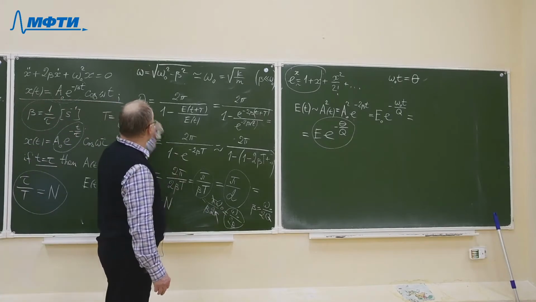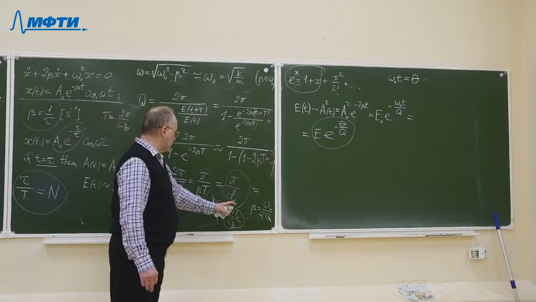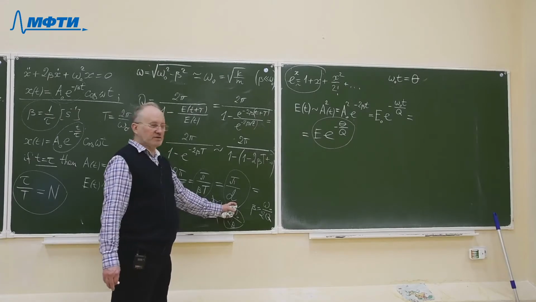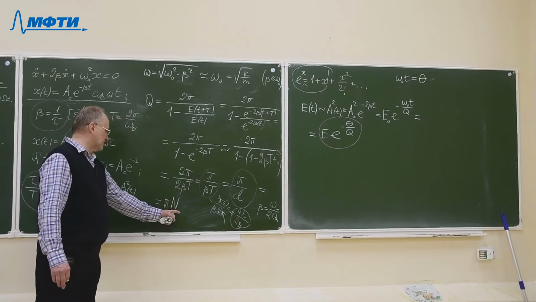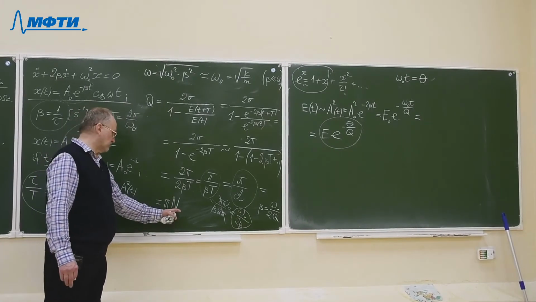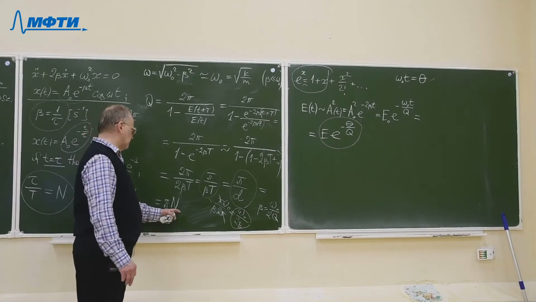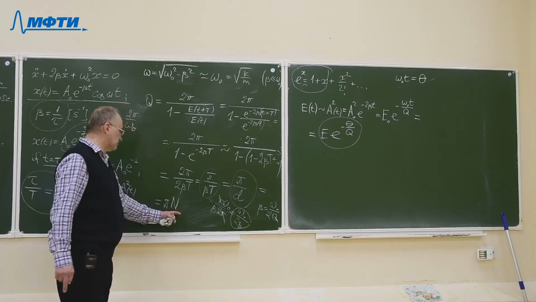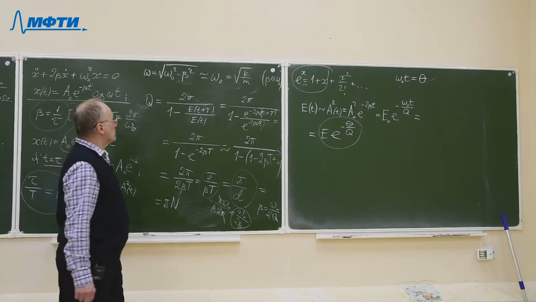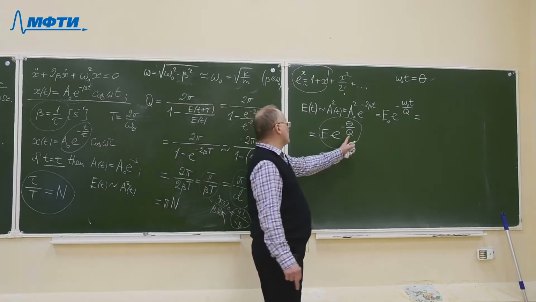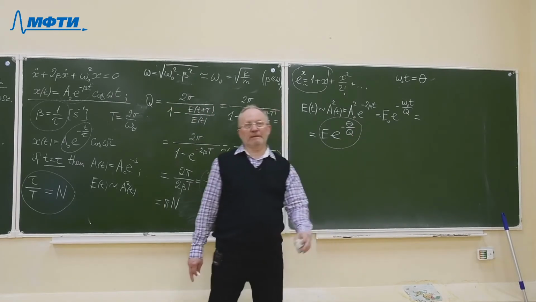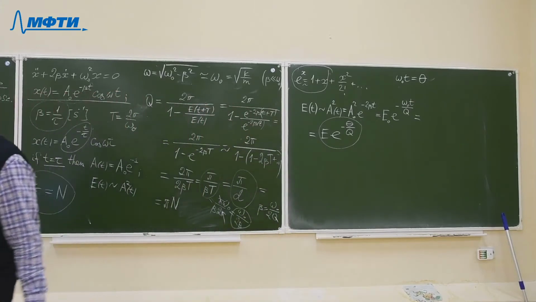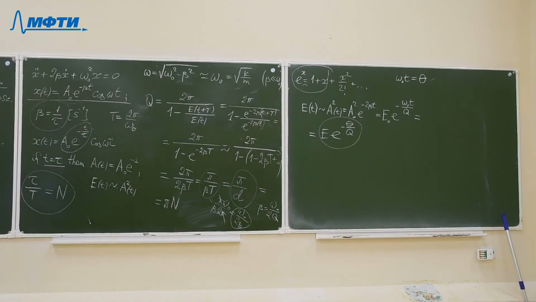For example, it's pi divided by logarithmic decrement, and it's also pi multiplied by the number of oscillations during which the amplitude is reduced by a factor of e. And also the quality factor is the relaxation constant for the dimensionless time. And there will be many more physical meanings for a quality factor.